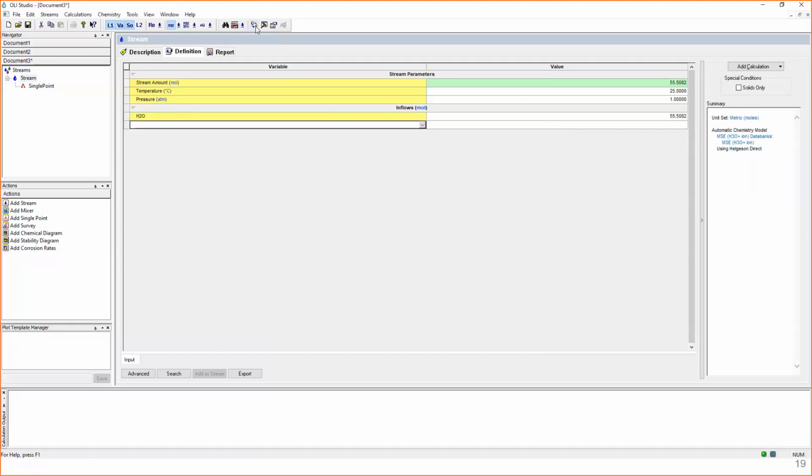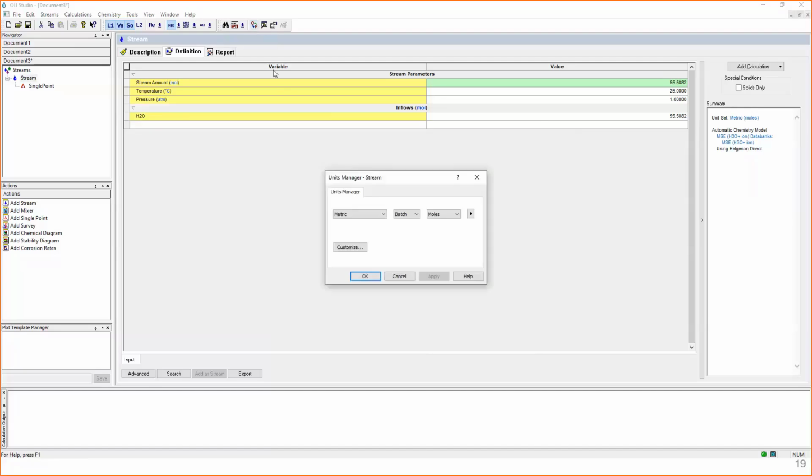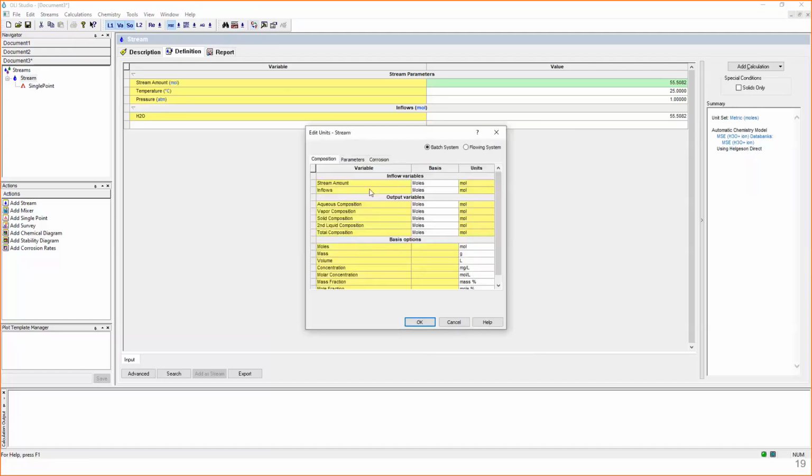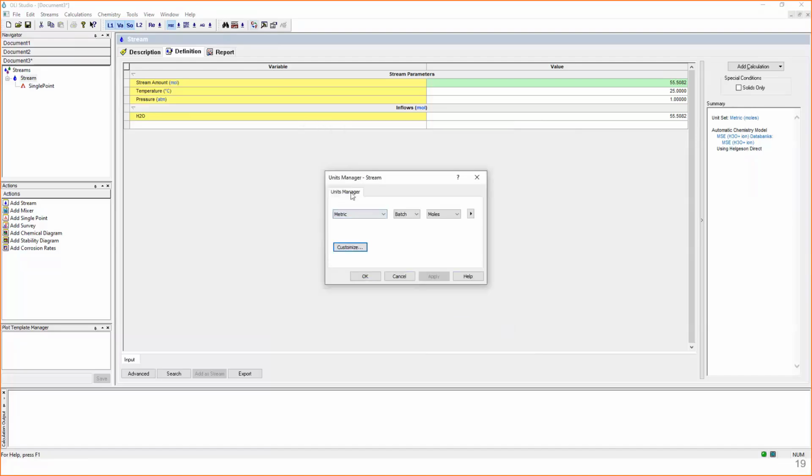And finally, you have the units manager. And this units manager in here is basically we are going to learn how to change the units. If you click here in customize, you have the options to change units as you desire. You can always create a specific unit set. Let's say you'll see here there is units manager, you have metric, batch, mole.